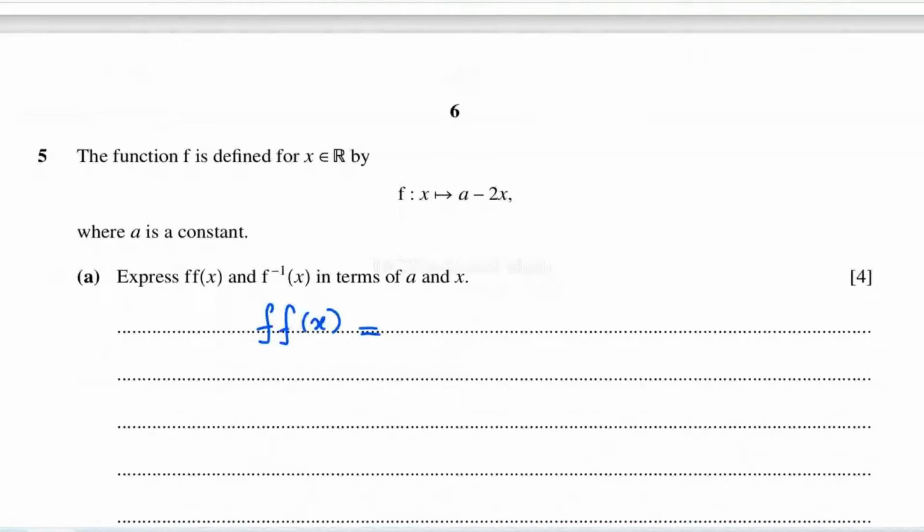That means a minus 2 times (a minus 2x). So a minus 2a plus 4x. So the answer is negative a plus 4x.